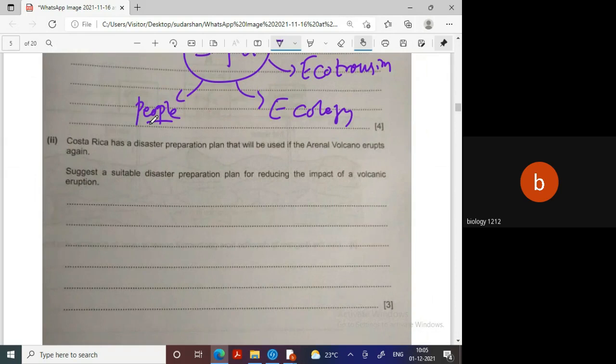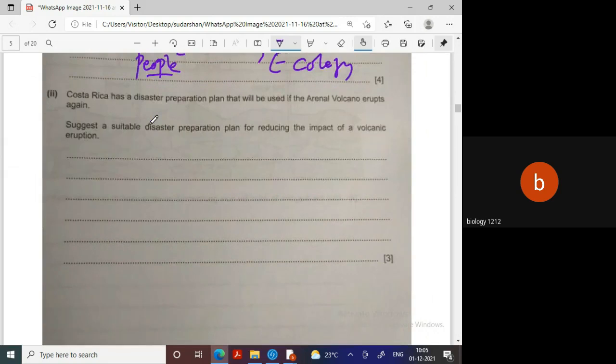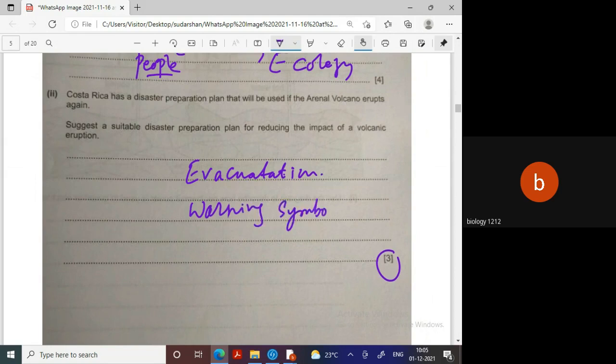Next, Costa Rica has a disaster preparation plan that will be used if the Arenal volcano erupts again. Suggest a suitable disaster preparation plan. So what is the suitable disaster plan? First one, 3 marks, so 3 points. Evacuation is very important. Second, look for the warning symbols or news updates.